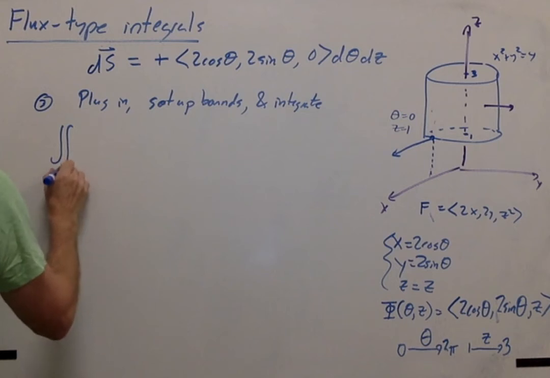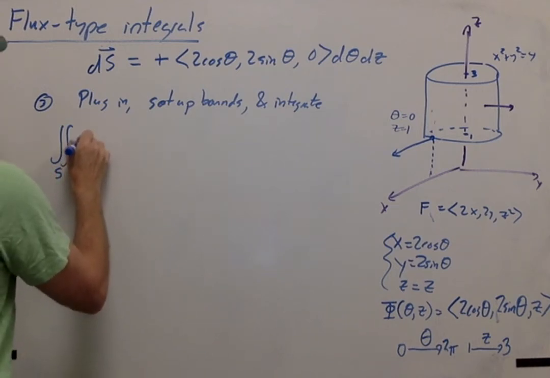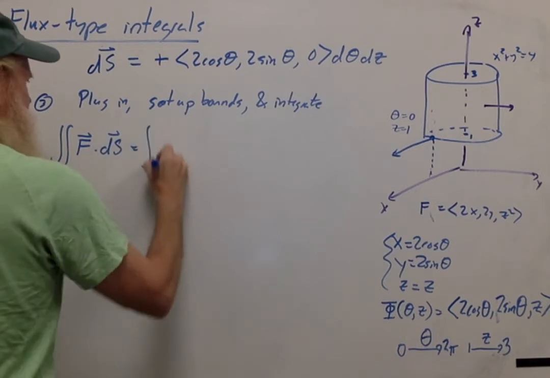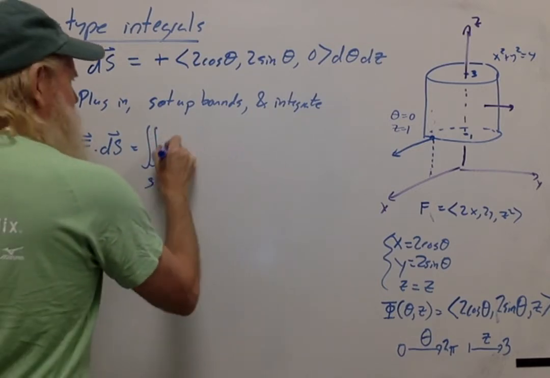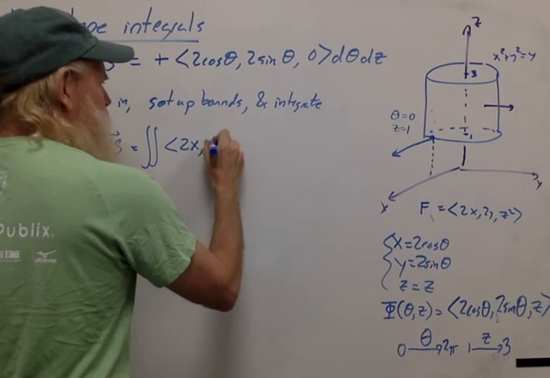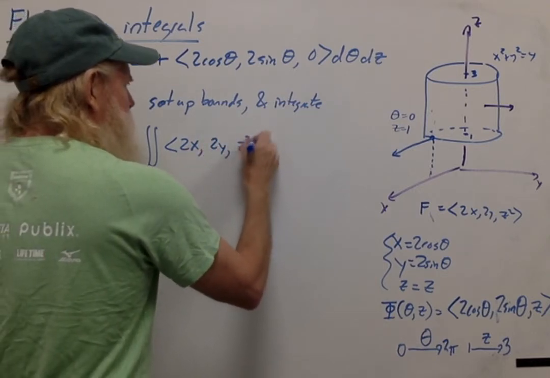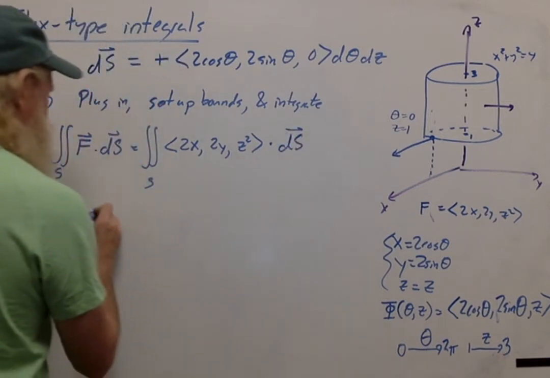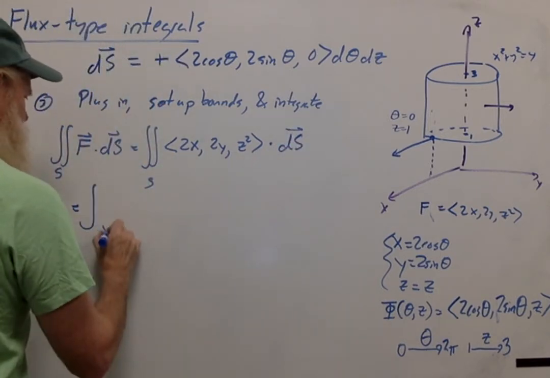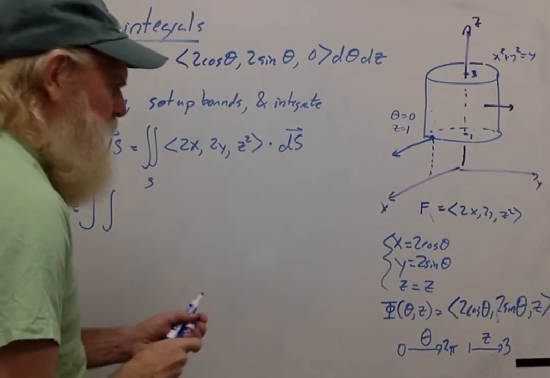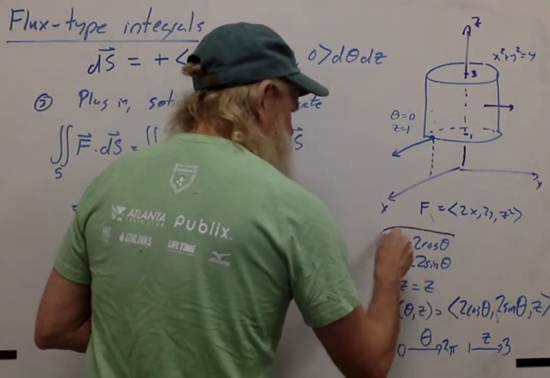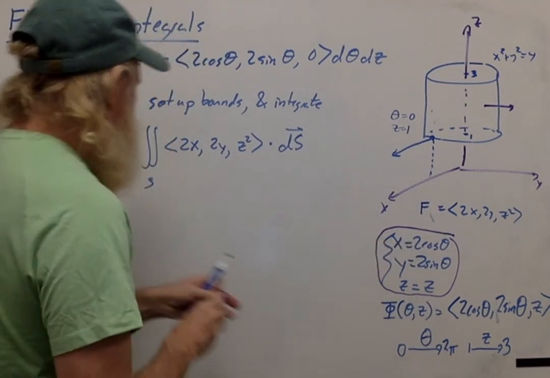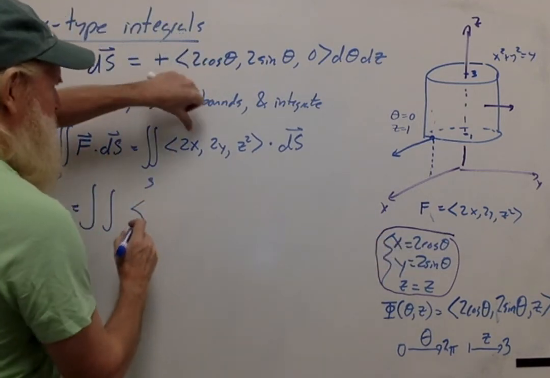So we're trying to find the double integral over S of F dotted with dS. And remember, F is 2x, 2y, and z squared. So let's substitute in. From our parameterization, we know that x is 2 cosine theta, so I'll plug that in right here.